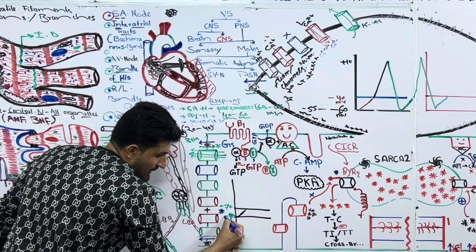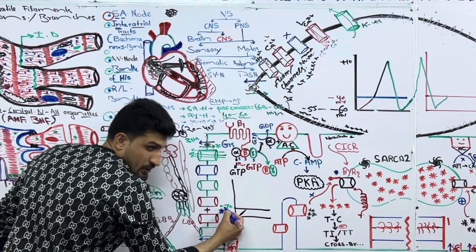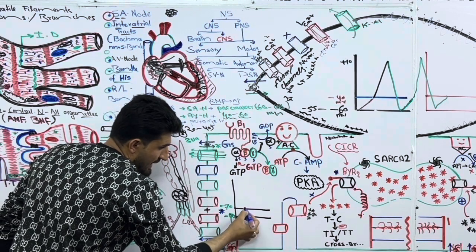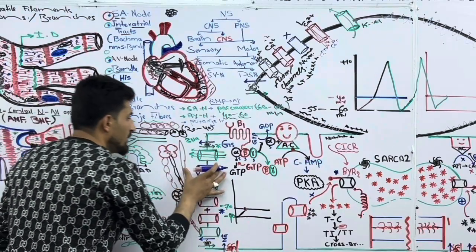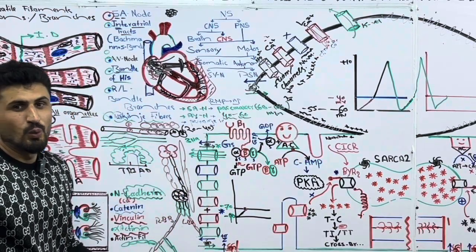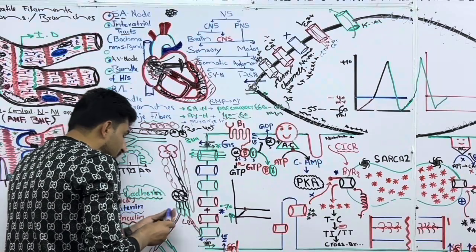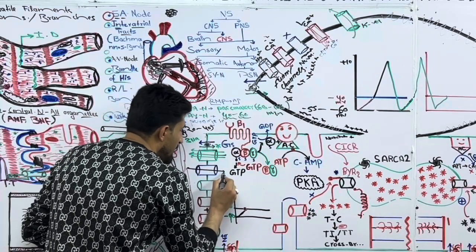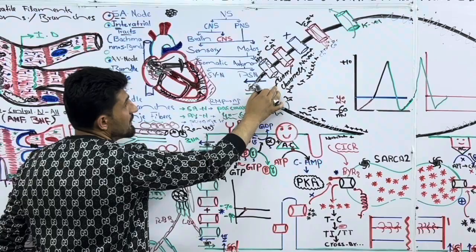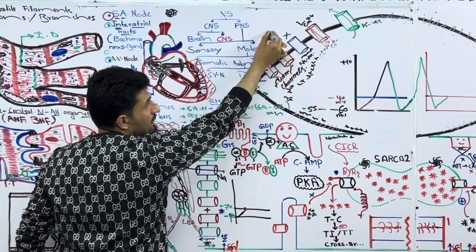But when I reach from resting membrane potential to threshold potential, at this point new voltage gated channels will be opened, and these voltage gated channels are for sodium. Don't get confused here. Therefore, sodium. Here, voltage gated channels were for calcium.